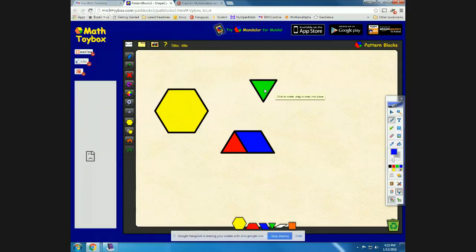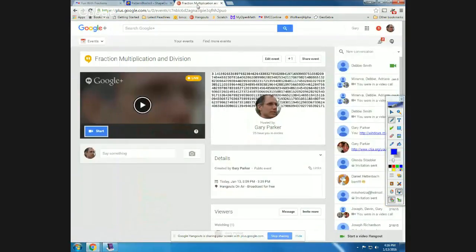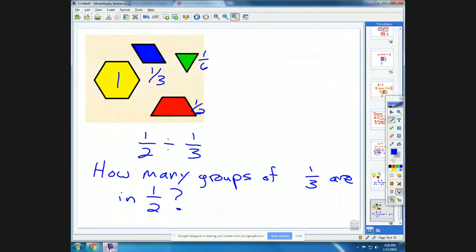Because that missing chunk there is a triangle, and the triangle is half of the blue thing. So it looks like, according to that, there are 1 and 1/2.